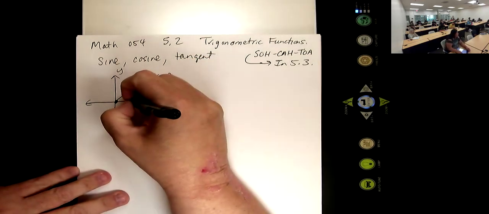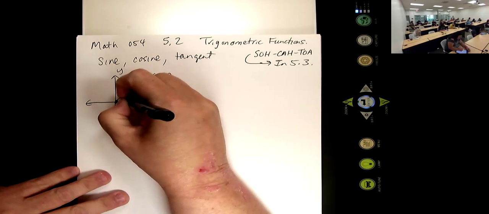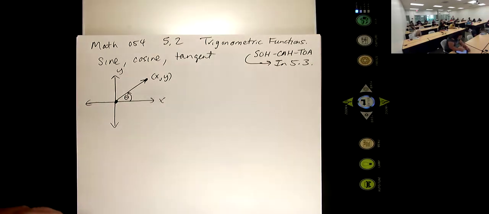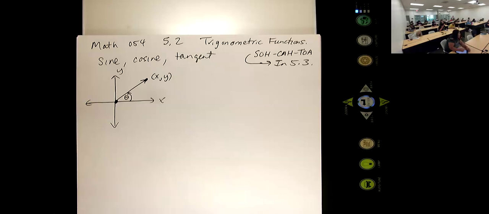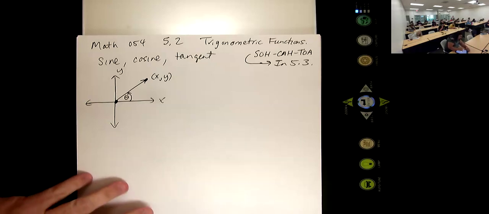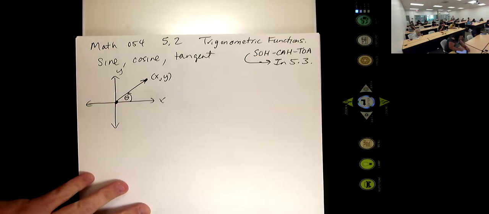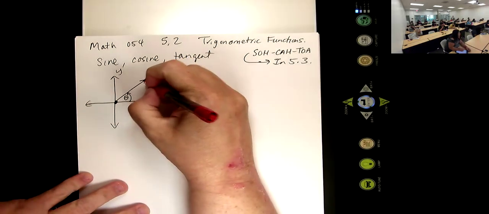And the angle that it sweeps out from the x-axis is theta. I'm gonna make a triangle to illustrate why the following stuff is gonna work. But this stuff holds true even without the triangle.